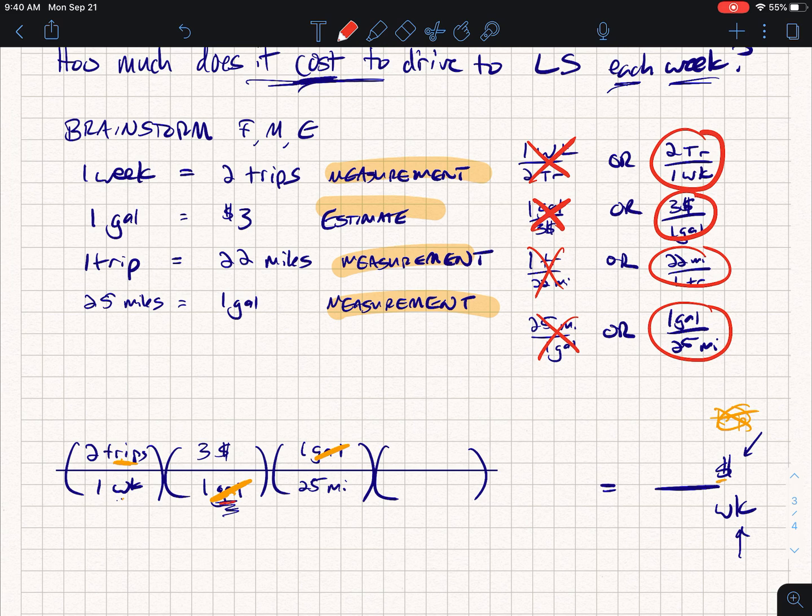Oh, what a funny coincidence. It just so happens that all 4 of these that I pick were from the same column. Don't think that that's going to always be the case. It's just a coincidence that it was all 4 of the facts on the right-hand side. So what I'm going to do here then is throw in the number of miles per trip. So 22 miles is the same thing as 1 trip.